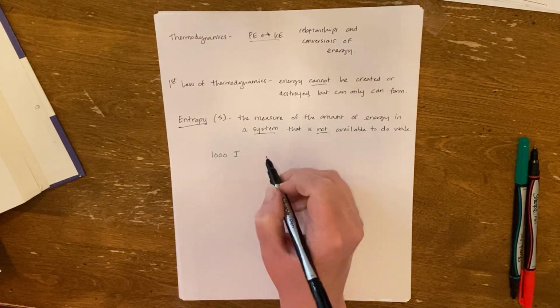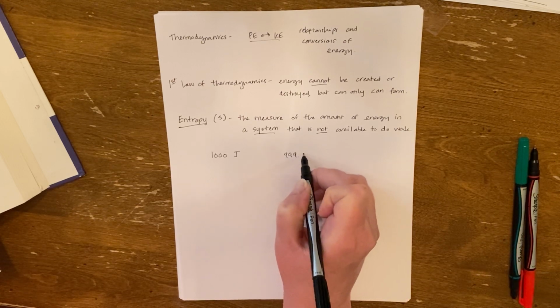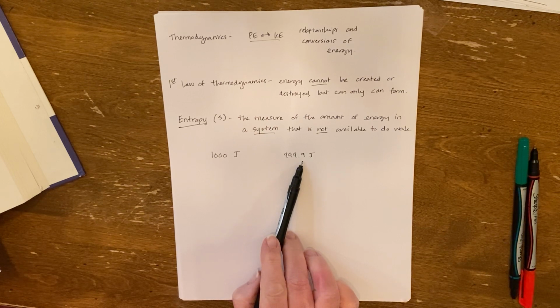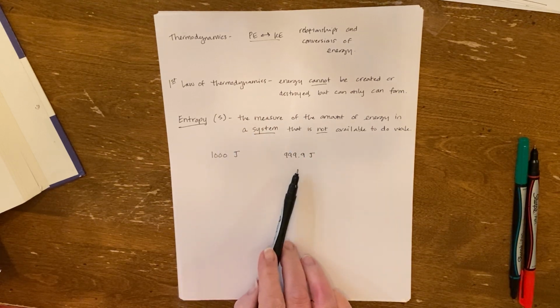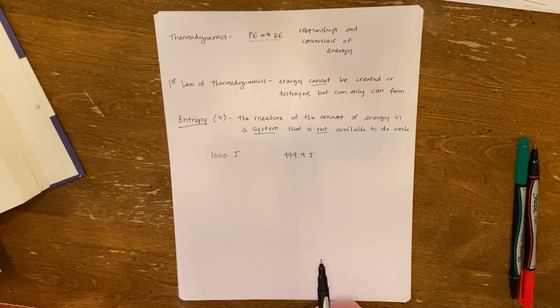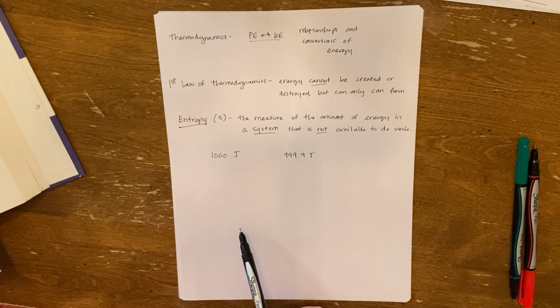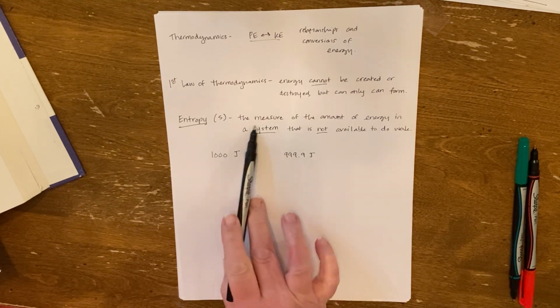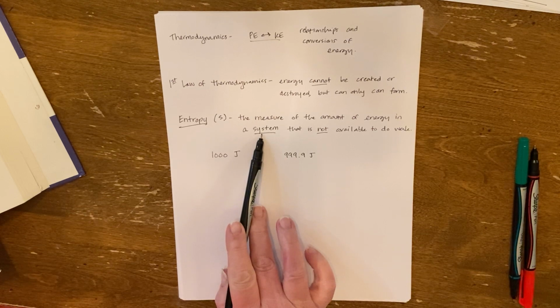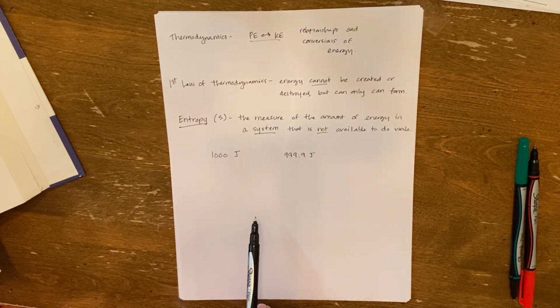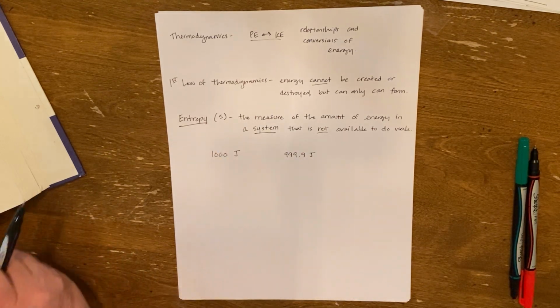It could be that I can use 999.9 joules of it, but there's still going to be a tiny bit that is so unorganized it can't be organized enough to do work. Some fraction of this energy simply won't be available. That's true for all systems. A chemical reaction could be considered a system, so in a chemical reaction, there's going to be some energy that's not available to do work, and that's the entropy.